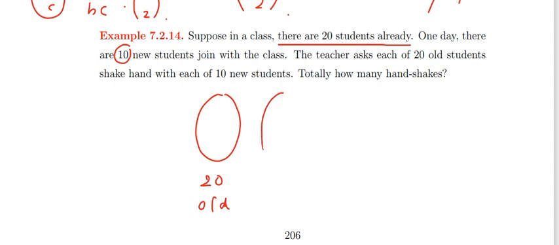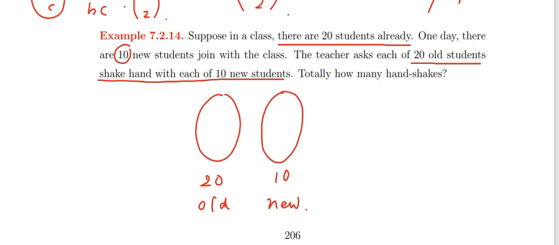And we have the 10 new students. The teacher asked each of the 20 old students to shake hands with each of the 10 new students. So totally how many handshakes?